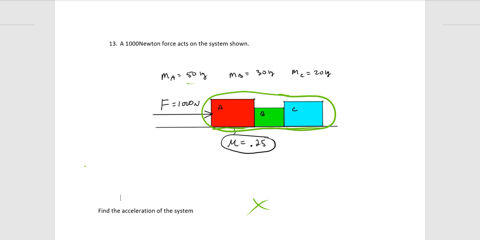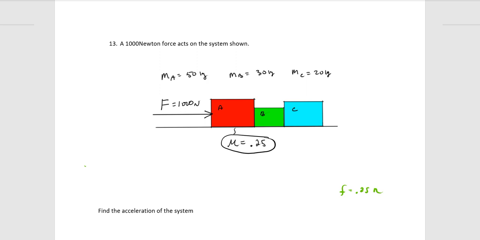Definitely there's a frictional force to the left on that system. That frictional force can be expressed as 0.25 times the normal. And if you look at your free body, you should realize that the normal will equal the weight of this object, right?